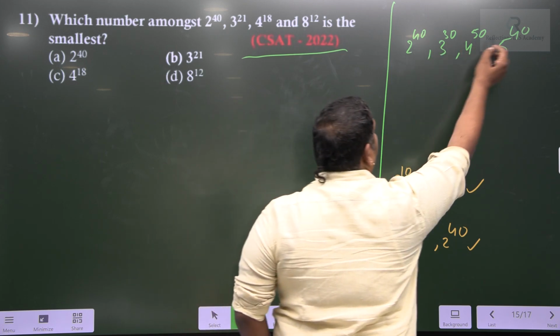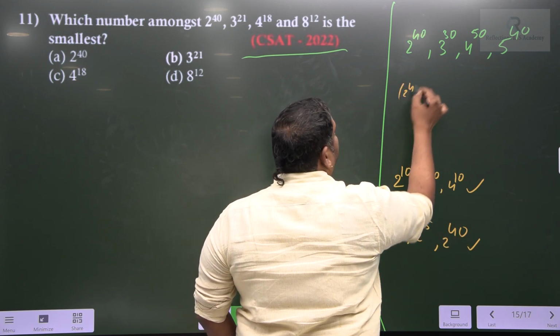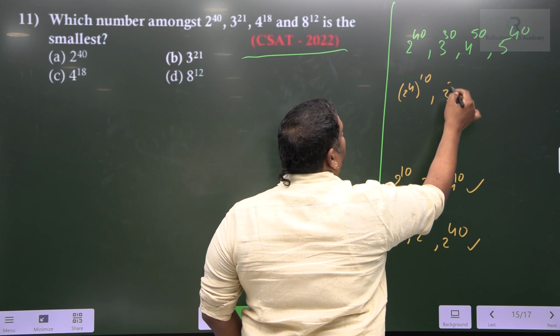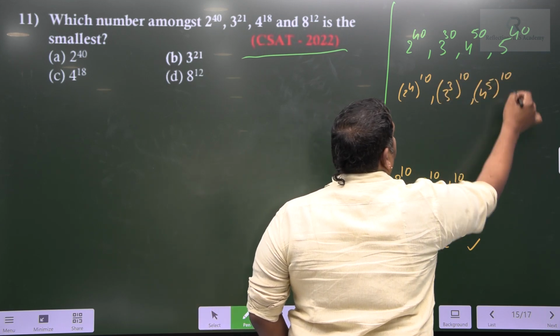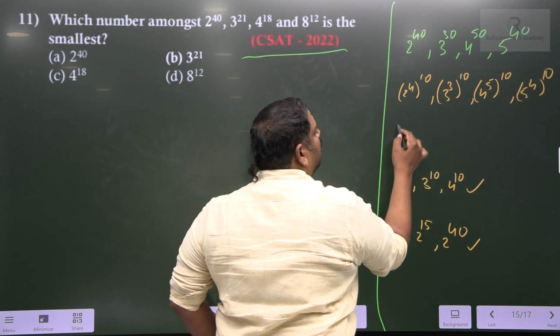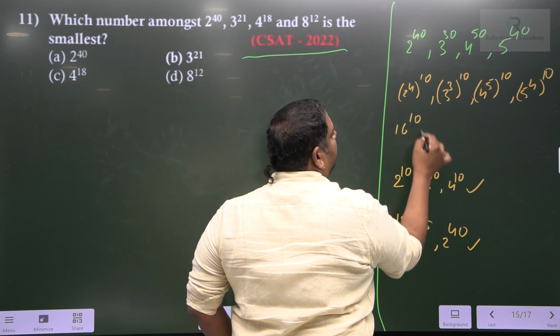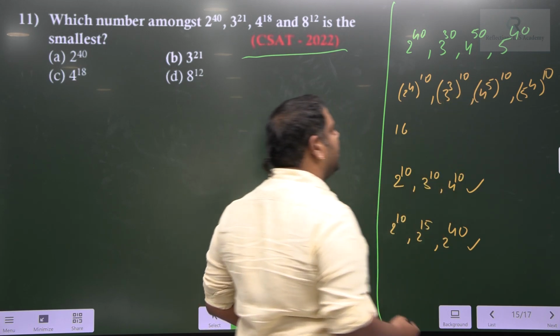Everywhere we have 10, right? HCF is 10. Then I will write it as 2 power 4 whole power 10, 3 cube whole power 10, 4 power 5 whole power 10 and 5 power 4 whole power 10. 2 power 4 means 16 power 10. Now the powers are the same, so no need to think of the powers.